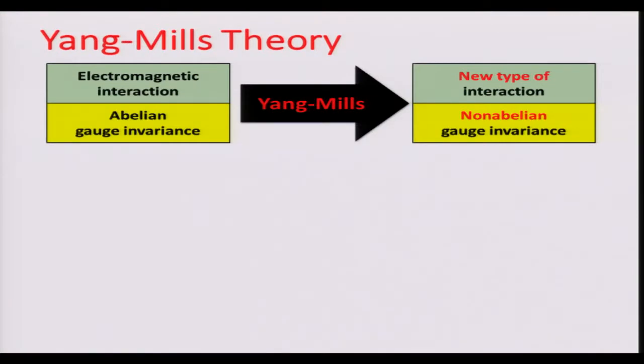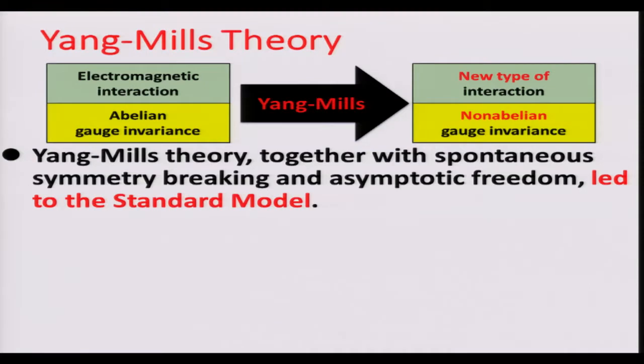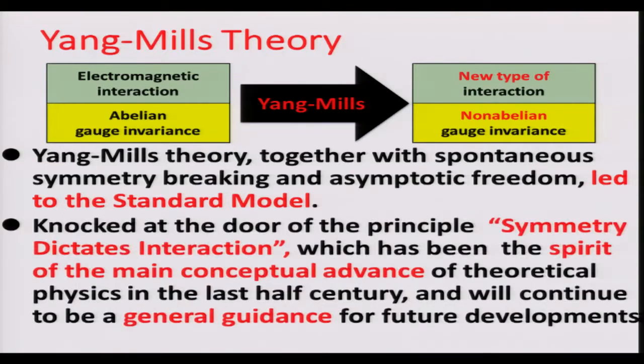So Yang-Mills theory generalized the connection between abelian gauge invariance and electromagnetic interaction to a non-abelian gauge invariance for a new type of interaction. As everyone knows, this, together with the later developments of spontaneous symmetry breaking and asymptotic freedom, led to the standard model.